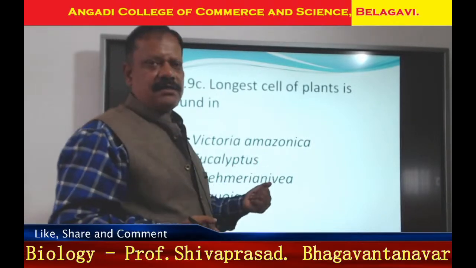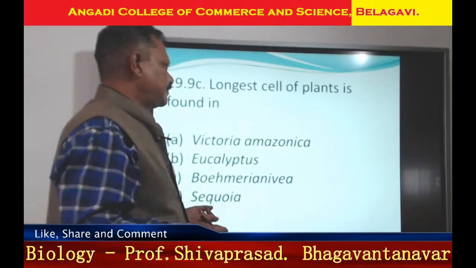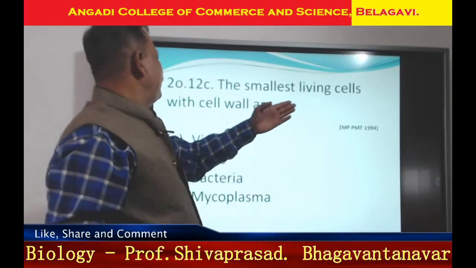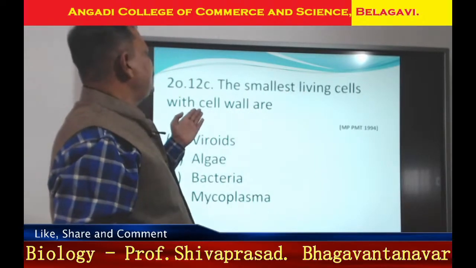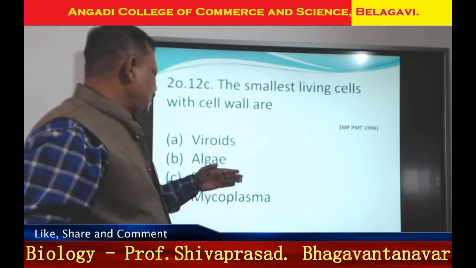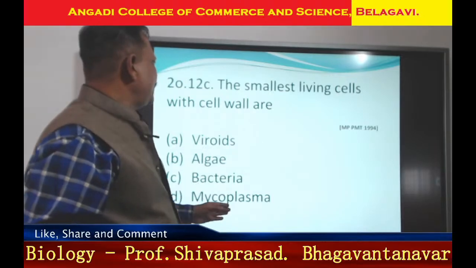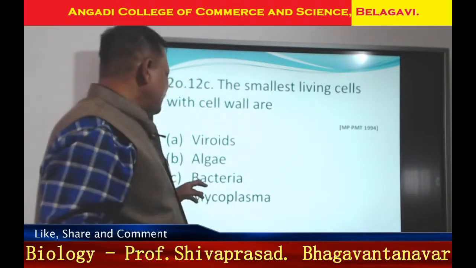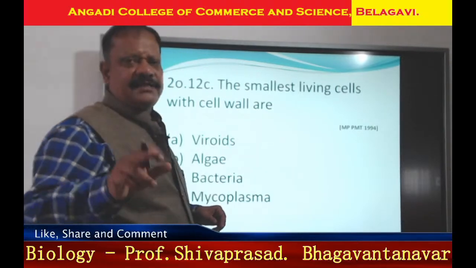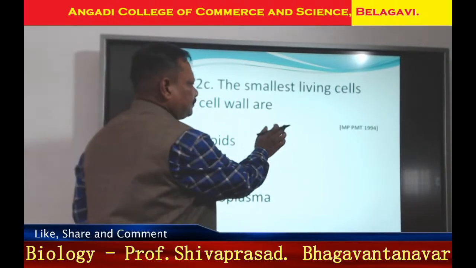Boehmeria nivea you can take as an example. Next one. The smallest living cells with a cell wall are viroids, algae, bacteria, mycoplasma. Here bacteria is an example. So option C, bacteria, is the correct answer.